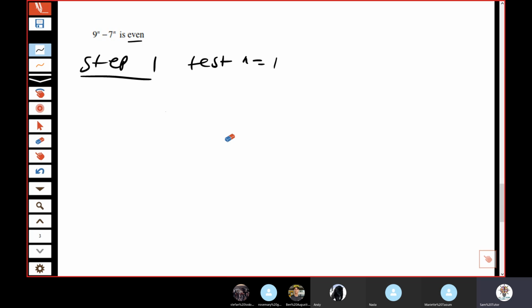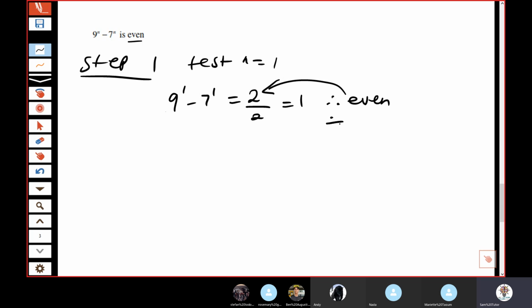The expression is even, which means it's divisible by 2. 9 to the power of 1, take away 7 to the power of 1 is 2. Divided by 2 equals 1. Technically, therefore, even. Or it's divisible by 2.